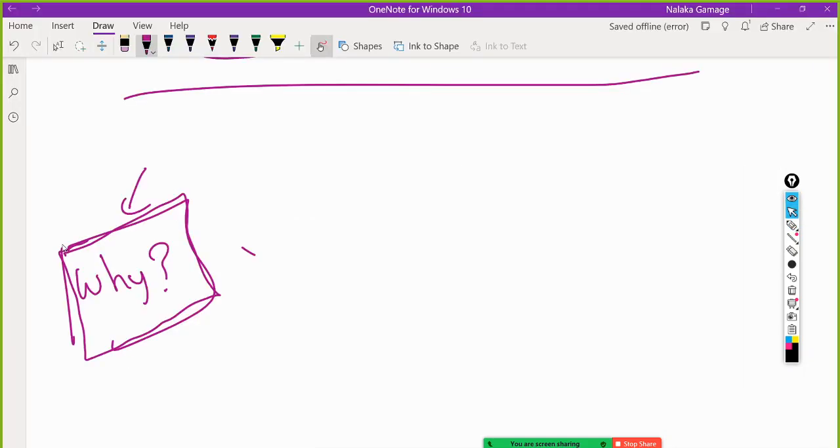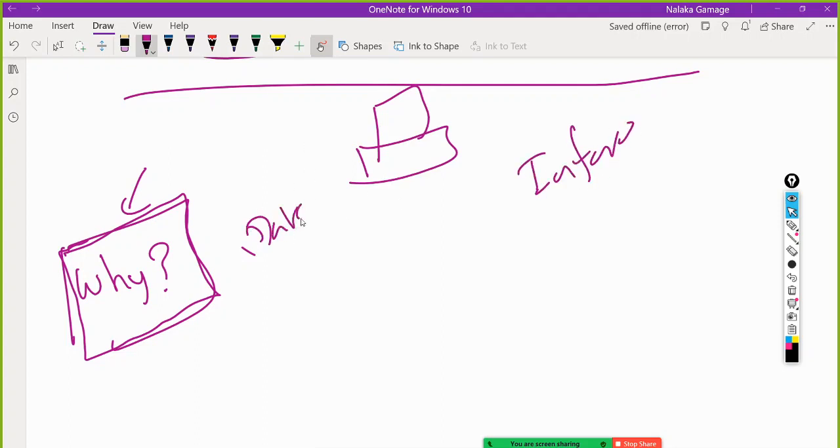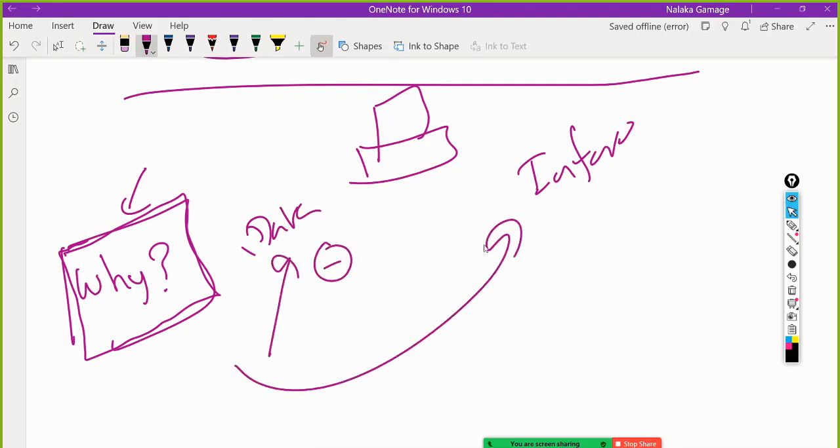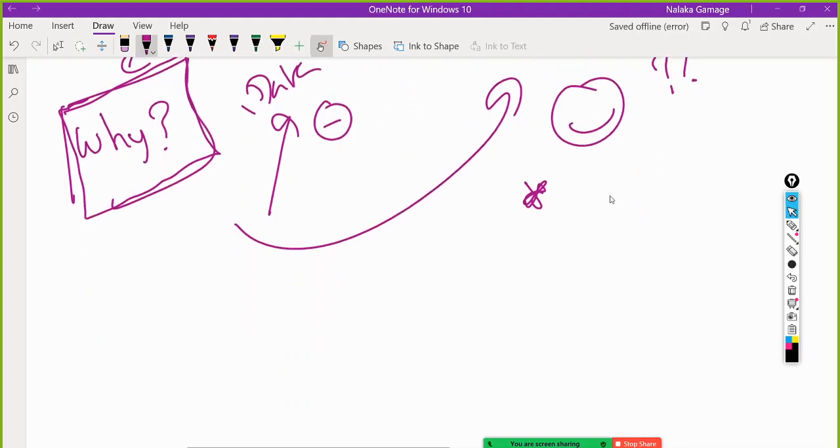Why do you want information more than data? Why do we like this more than that? This is good, but this is better. Why? Because it gives us accurate information. Okay, that is one reason. Can you list a few more features of information over data? It's more accurate, correct?